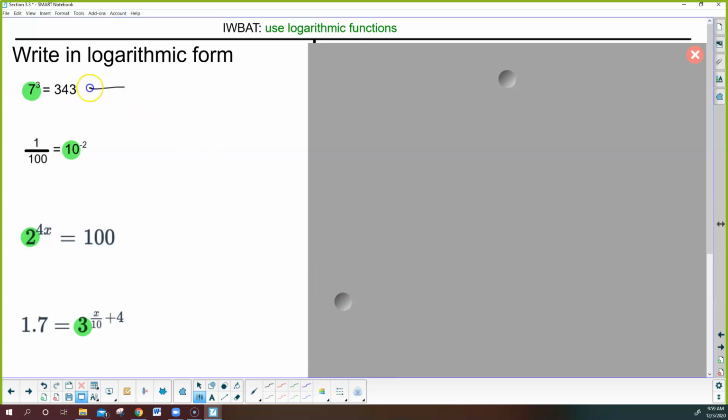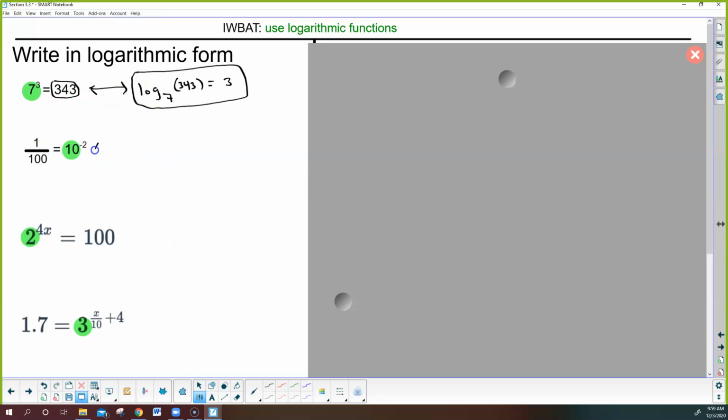So I usually draw a double arrow because we can go from exponential form into log form, but it's the log of the base. And then all we do is take this answer and switch it. So now it's the input of the function, and the old exponent, the 3, became the answer. And that's as far as we're going to go today. We're not going to evaluate this or anything, but those are equivalent expressions.